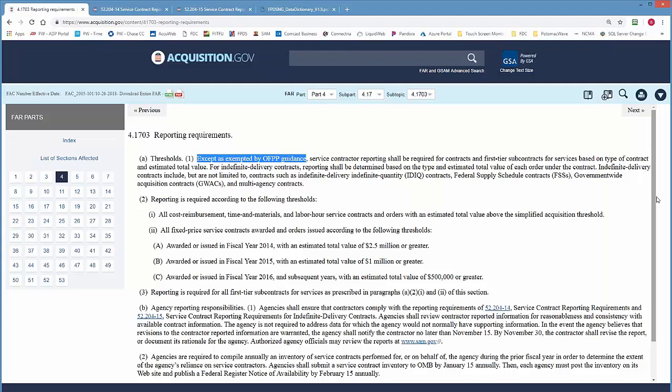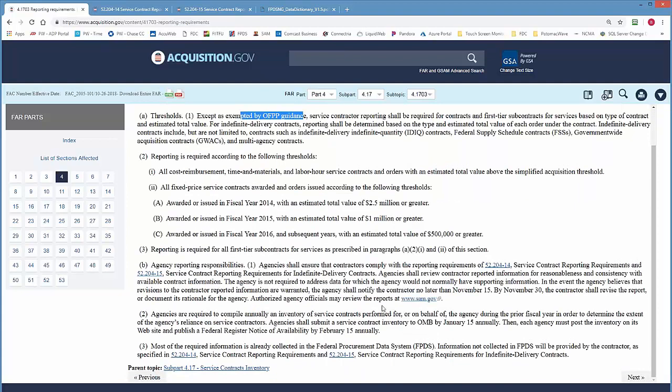It seems to me like that's a little over the top. Why not exempt awards for utilities? But I've asked, and no federal acquisition oversight official has told me of any exemption by OFPP. All service awards are subject to this reporting.